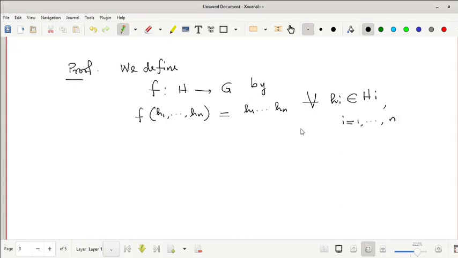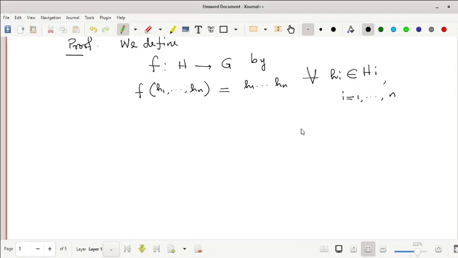Now, at the beginning, we have to prove that the function is well defined.